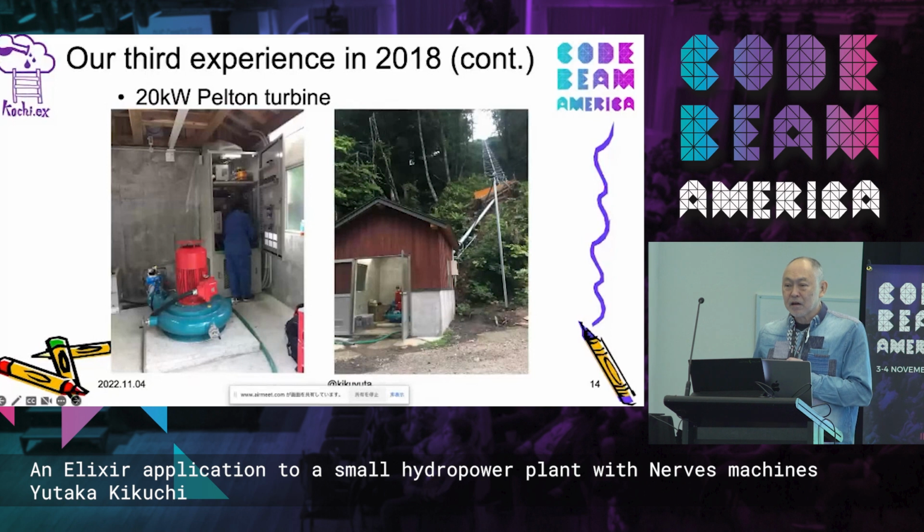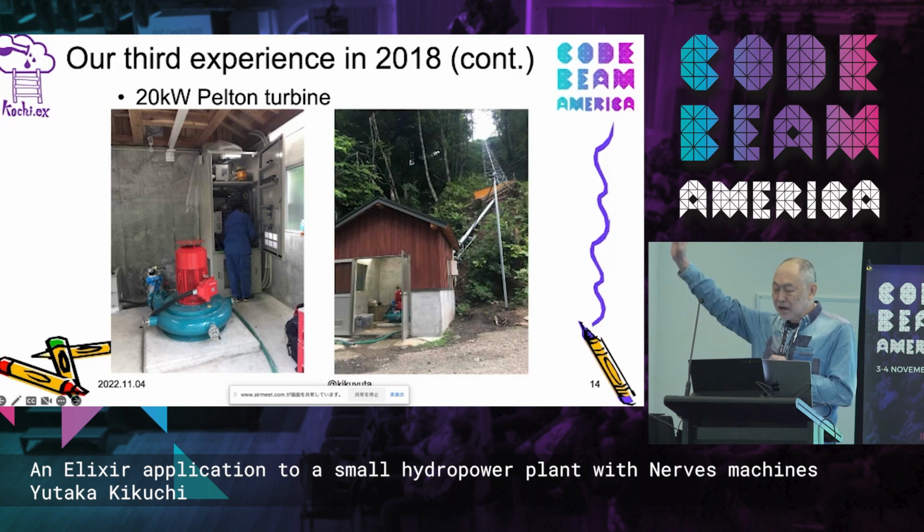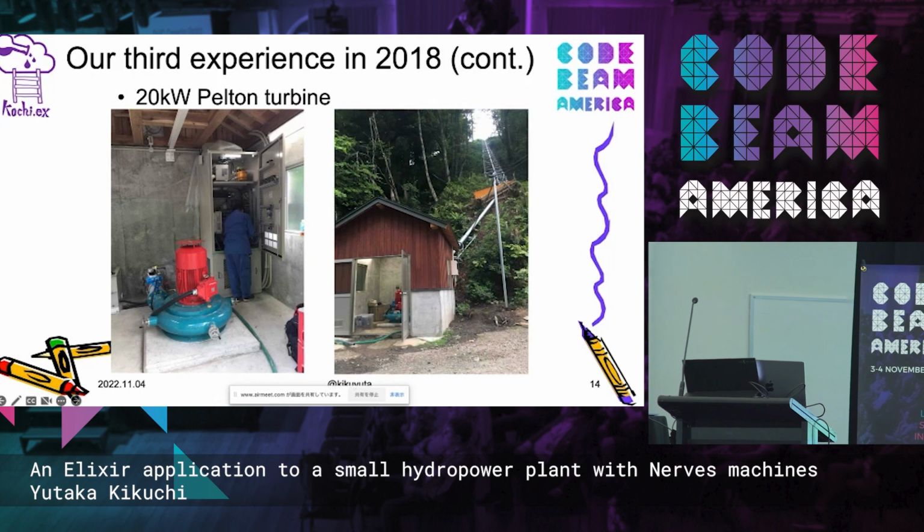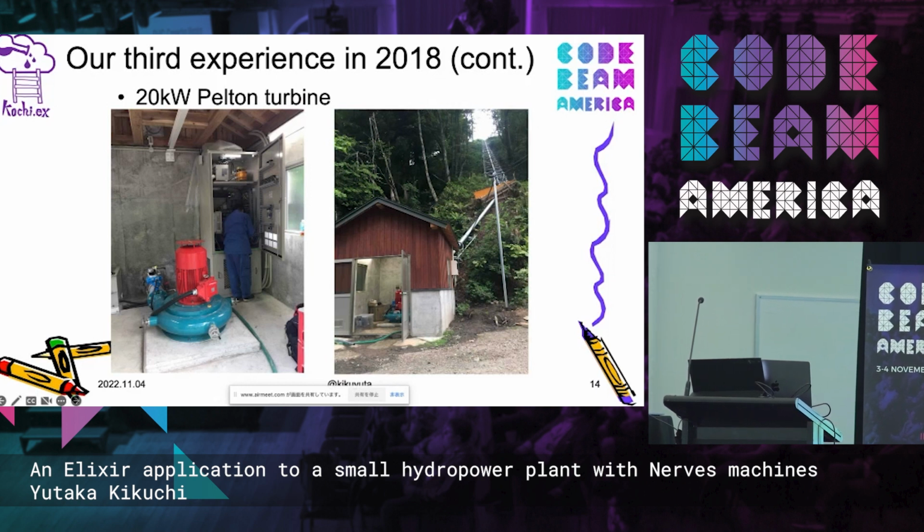These images are of the smallest hydropower plant we have made before. There is a skiing ground at the upper right of the right-hand side photo. The owner of the ski ground uses spring water from the ground to make artificial snow at the beginning and the end of the ski season.